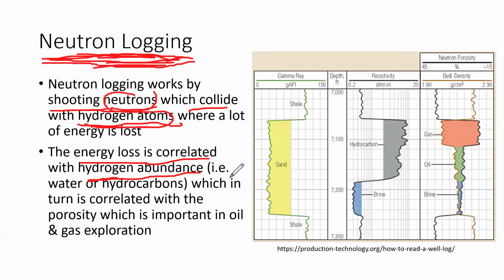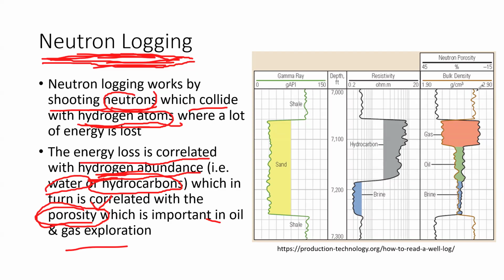Hydrogen comes from either water or from hydrocarbons like oil and gas. The abundance of hydrogen can be used to estimate the porosity of your strata, which is important for oil and gas exploration.